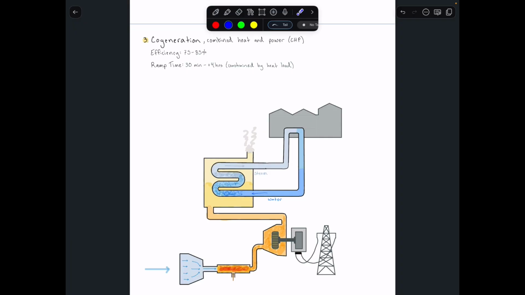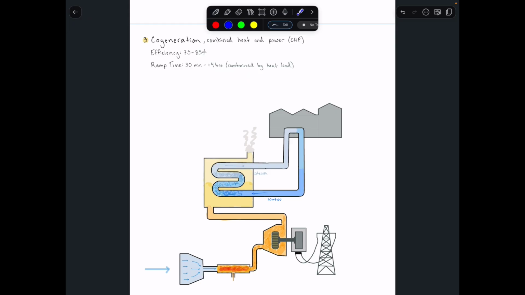It could be used for food processing, like for example pasteurization needs heat. It could be used for chemical manufacturing, it could be used for building space heating, etc. So here you can see I've drawn this cycle going through a building right over here.